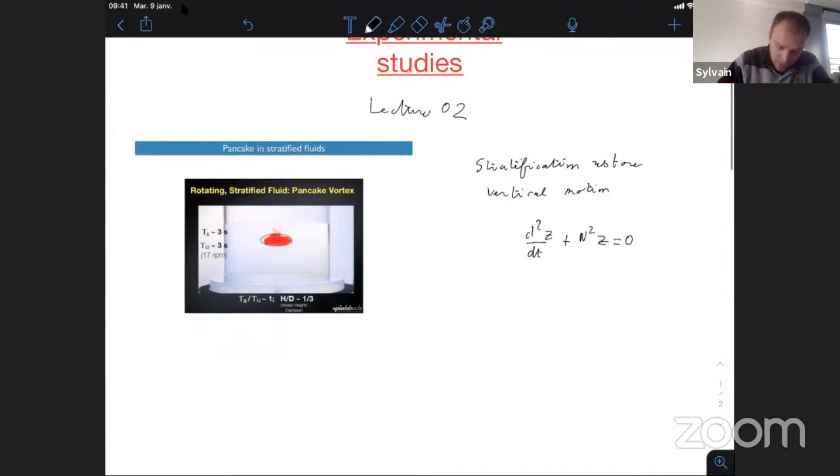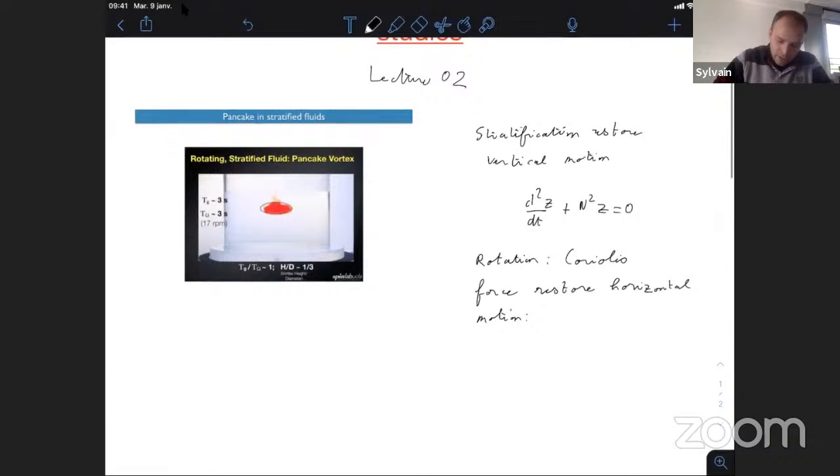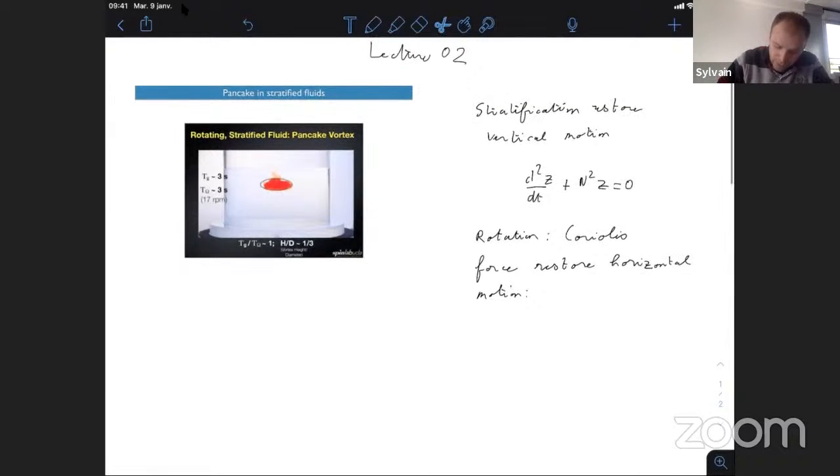If you have now rotation, the rotation is the Coriolis force that will restore horizontal motion. So it's possible using similar things to yesterday for the first equation.